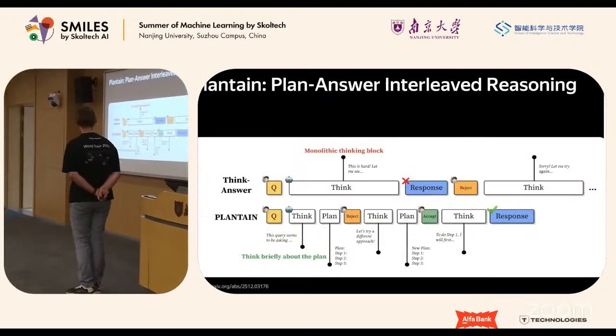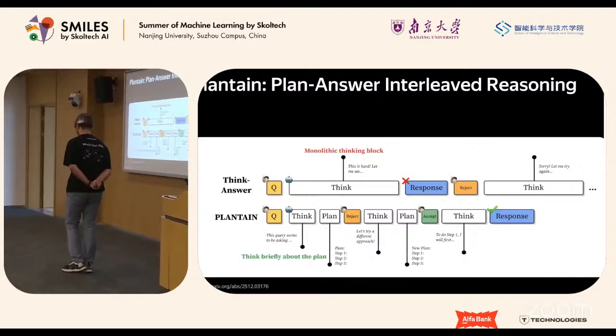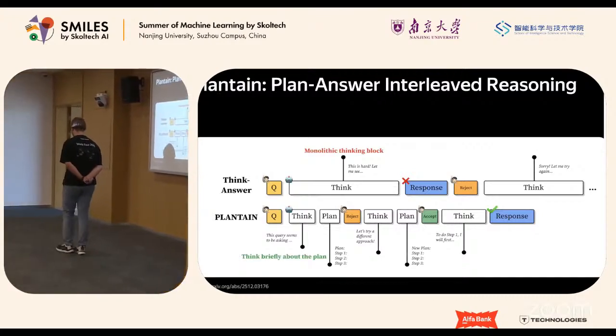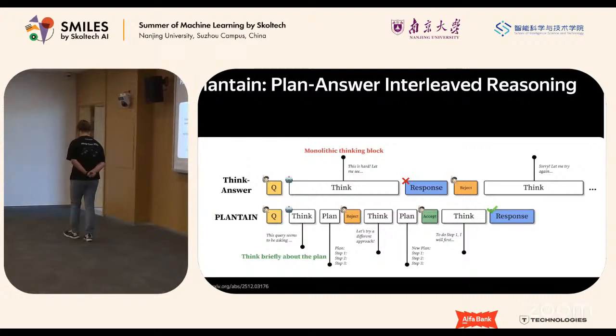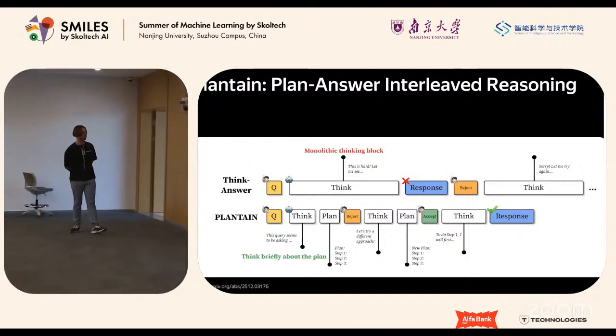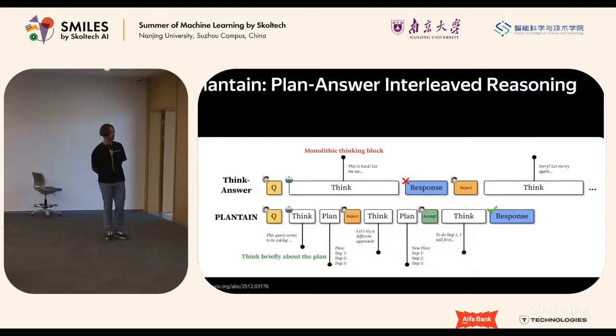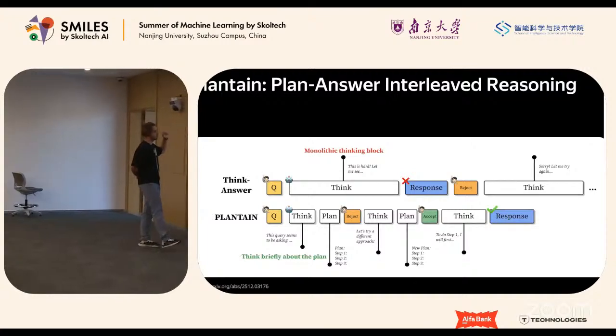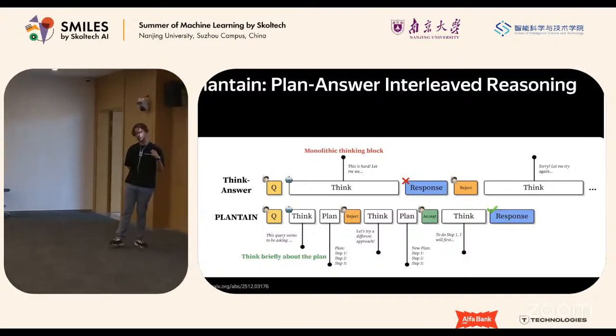Before that, there were a few works that I want to highlight here, one of which is Pontaine. It's a paper from Google. No code, nothing provided, just an idea. So here it is. They train a model to output chunks of output before giving the final answer.